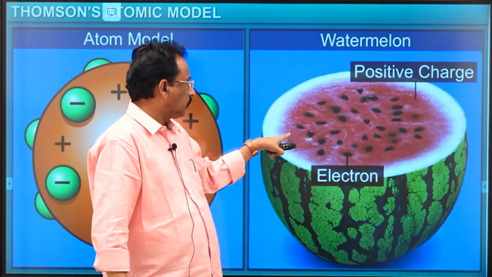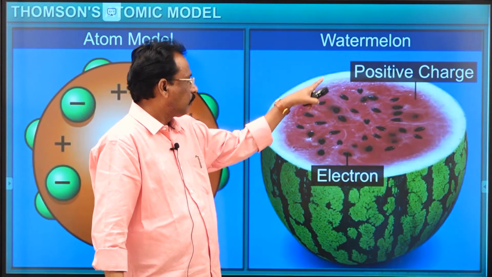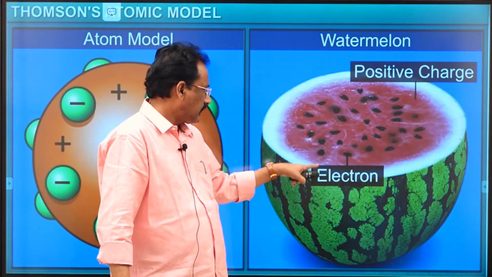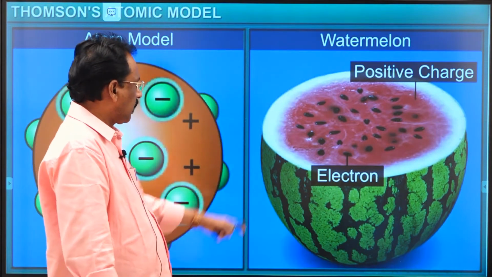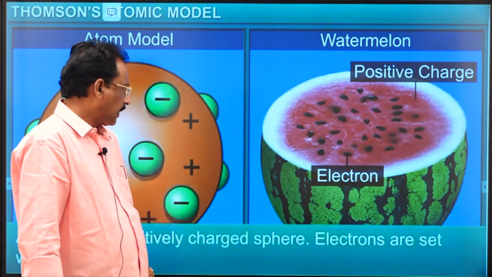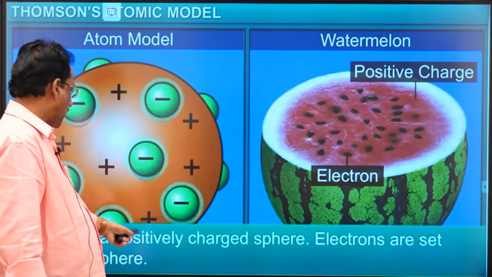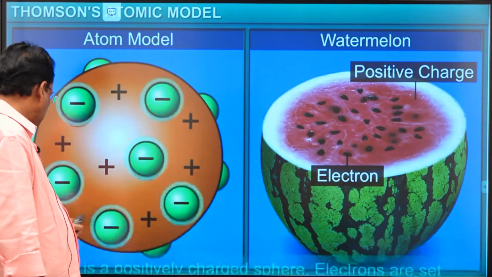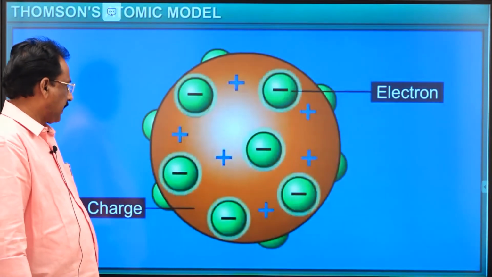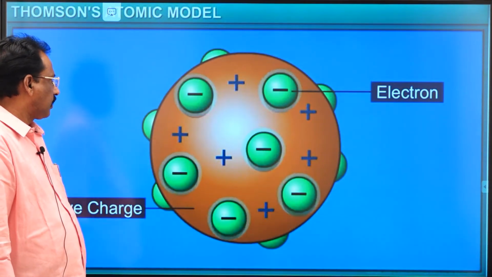This red massive part indicates the positive charge. Seeds represent the electrons. That's why this atomic model is known as the watermelon model. So the atom is a positively charged sphere and the electrons are embedded like seeds in a watermelon.